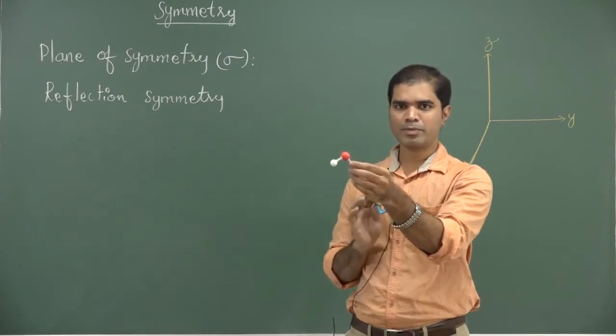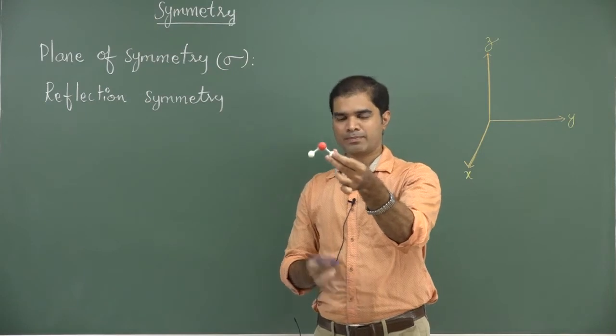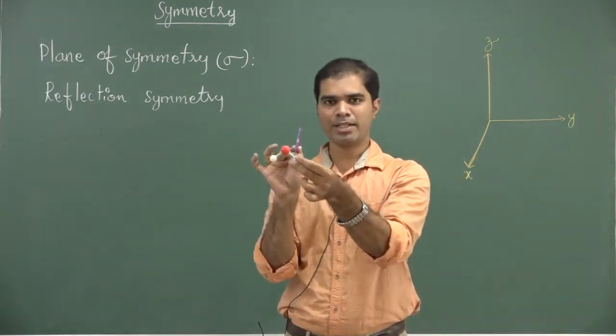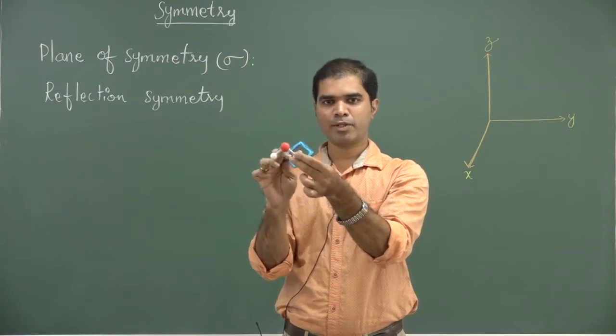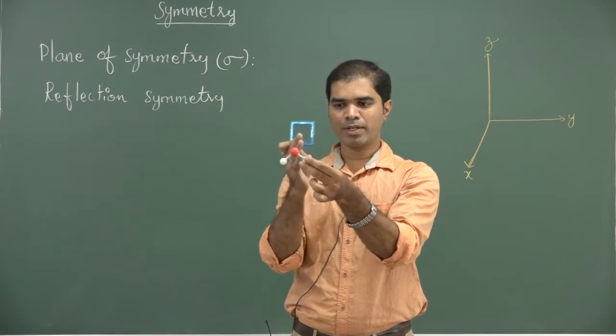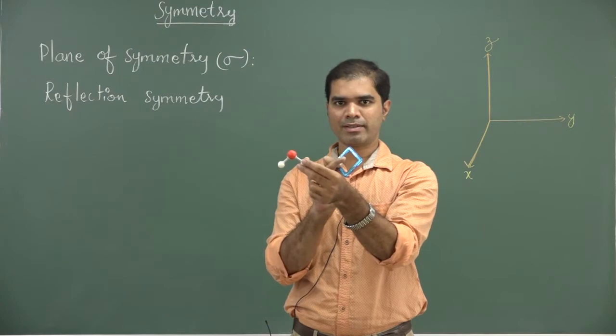I am just repeating all these points now. Whatever molecule we choose, a plane of symmetry is that imaginary element which passes through the center of gravity of the molecule and bisects the molecule into symmetrical halves that are mirror images of each other.